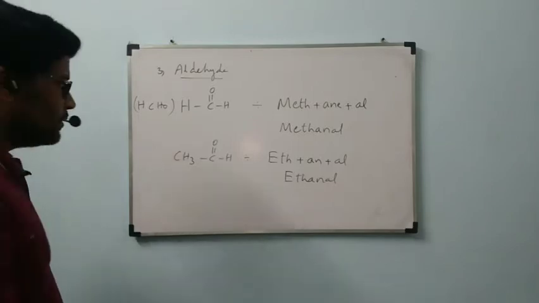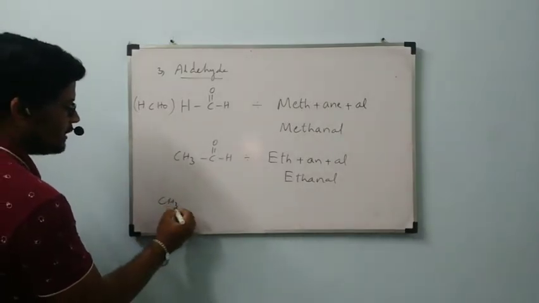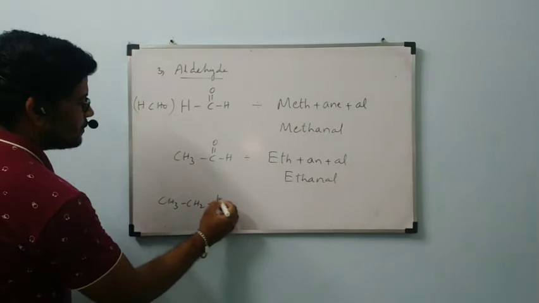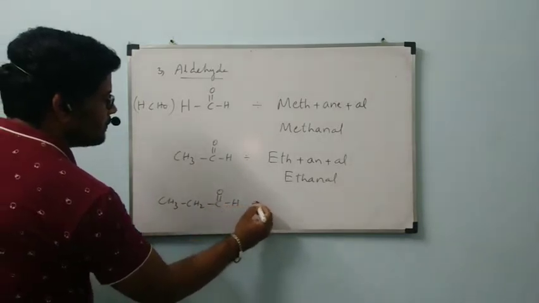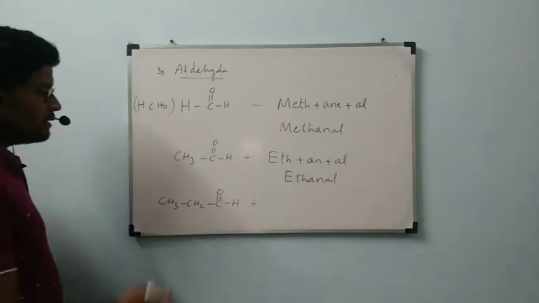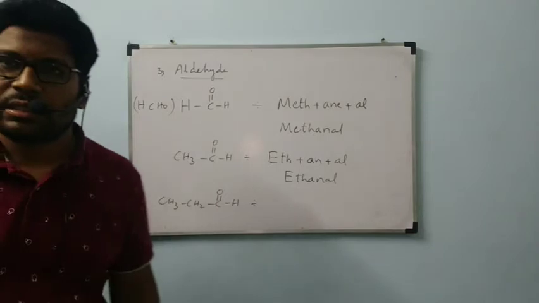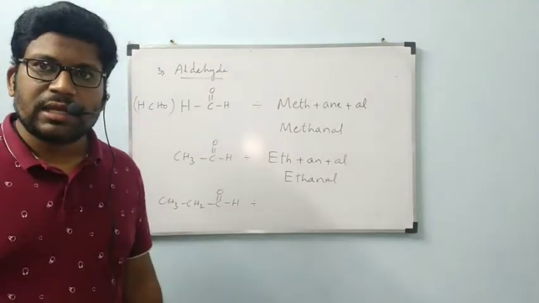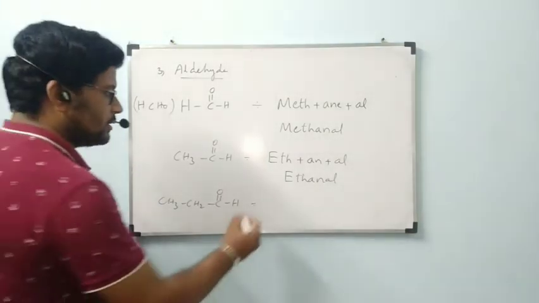Okay, next compound. CH3 CH2 C double bond O H. This compound contains how many carbons? 3 carbons totally. 3 carbons means root word prop.